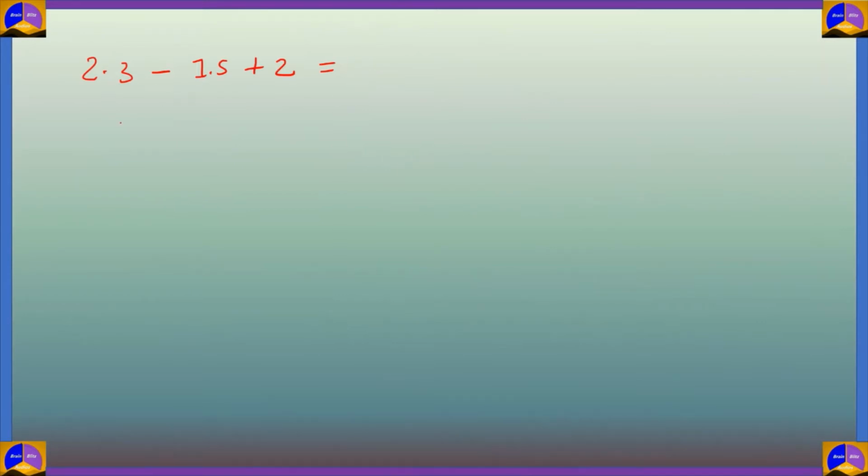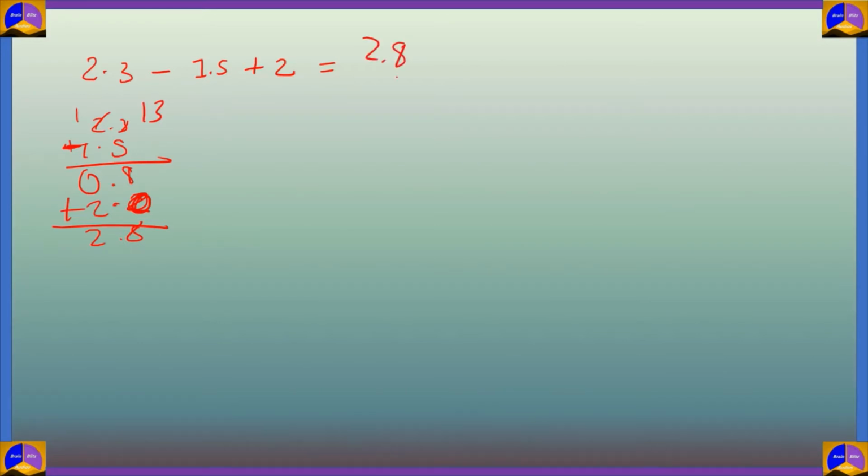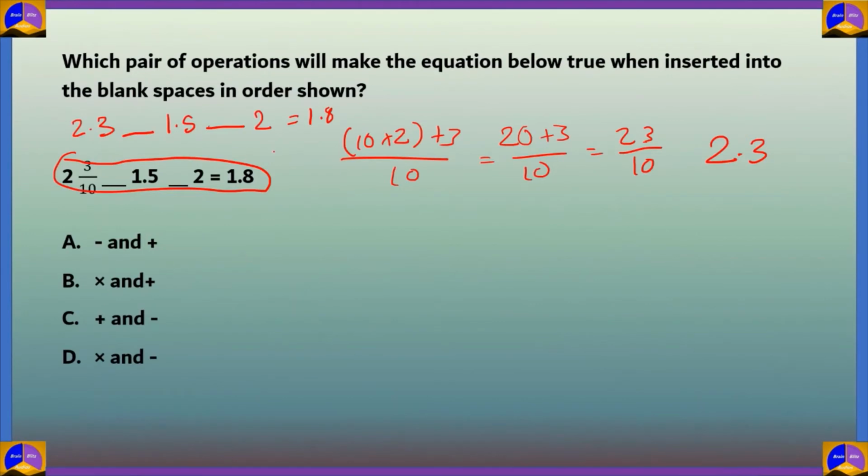So 2.3 minus 1.5. 13 minus 5 is equal to 8, and 1 minus 1 is equal to 0.8. Now 0.8 plus 2.0, we get 2.8, but we get the answer as 2.8, which is not equal to 1.8. So option A is incorrect.